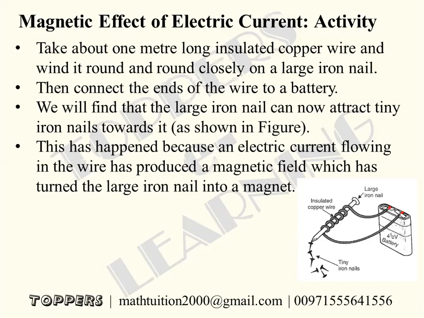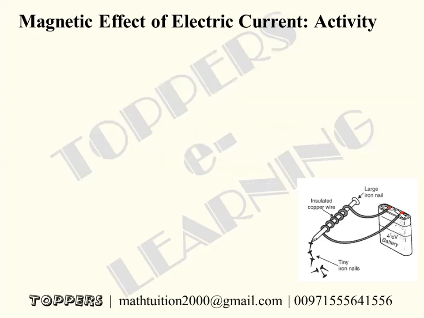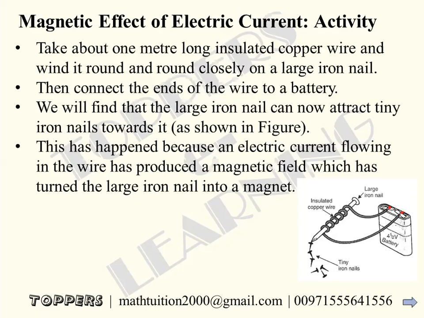So the large iron nail is a temporary magnet due to the flow of electric current. Understood? You can see that small iron nails have been attracted due to the magnetism. A magnet can attract iron, cobalt, nickel, etc.